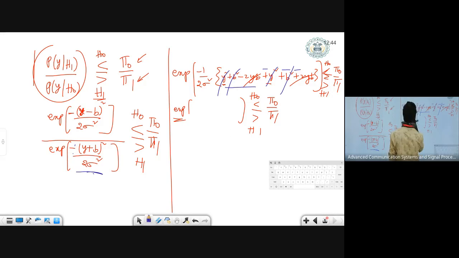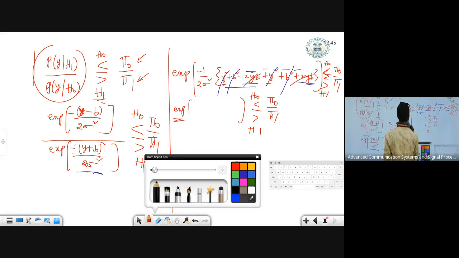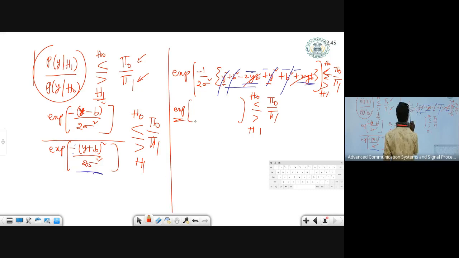So minus 2yb will be left out, minus 2yb plus 4yb. Let me take red again. So minus 1 by 2 sigma square, minus 2yb, minus 2yb, minus 4yb, so plus 4yb, right? So two twos.